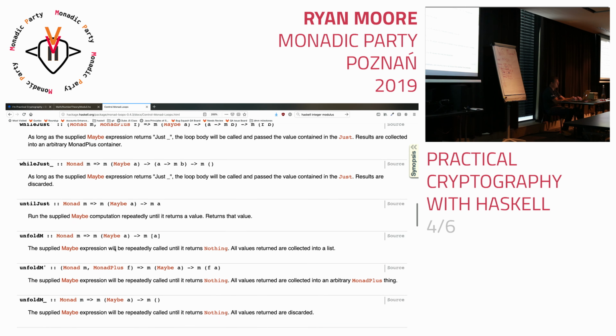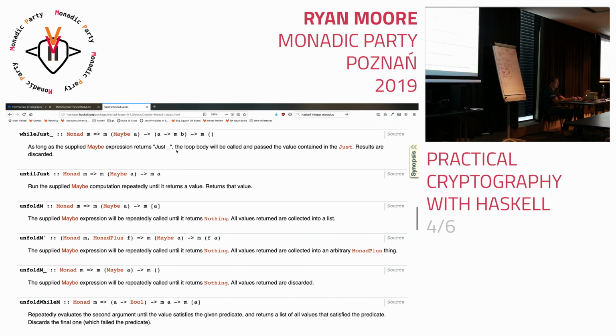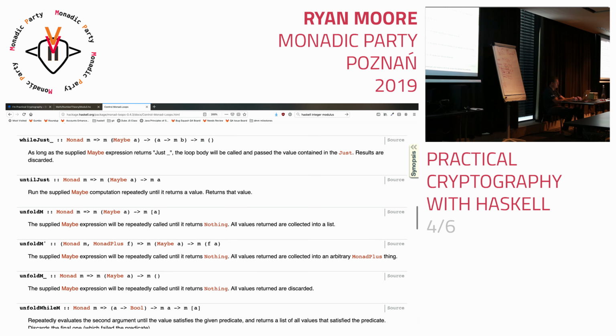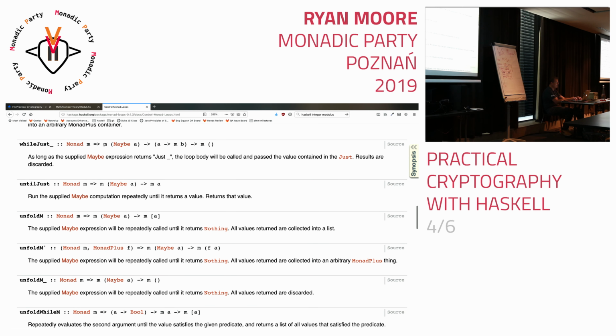Okay, so this function, until just, is going to take an m of maybe a, and a function that takes the a to m of b and then returns an m of unit. In this case, we know we're going to be operating in the IO monad, so we can take all the m's and think IO.